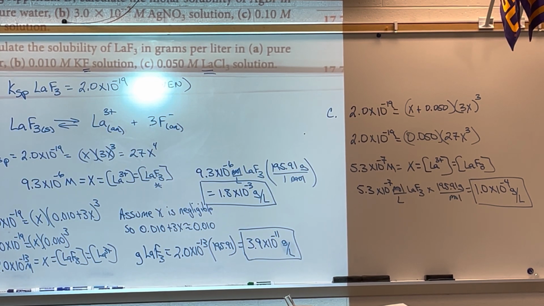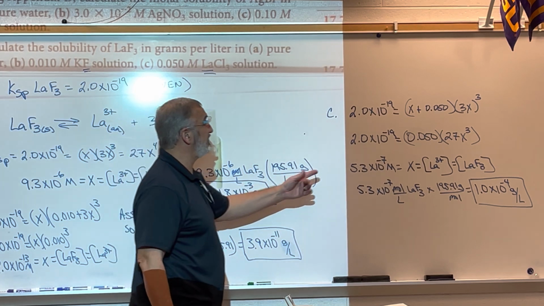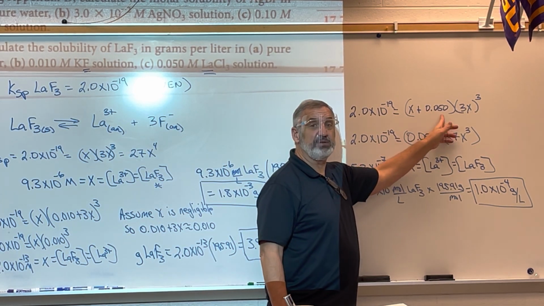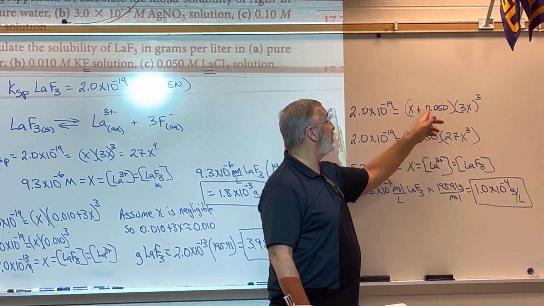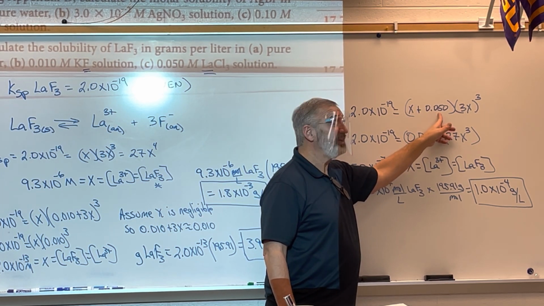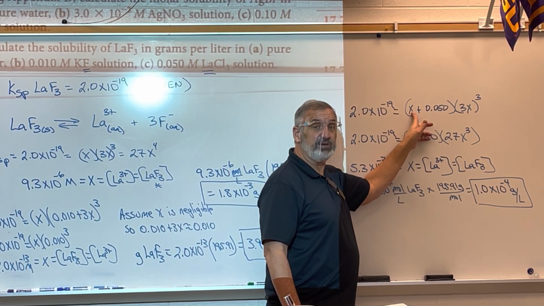Yes, ma'am. So if the x is negligible, then why do we need to put it in there? Well, it's just showing that the concentration of the lanthanum is going to be from both sources. This is what was put in initially, and this is what's going to come from the LaF3.